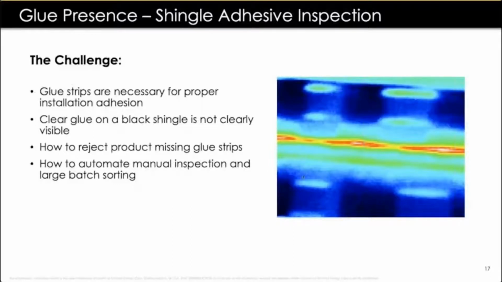So this is one of those situations where you want to look at not only presence, but also finding dynamic regions of interest. So using blob tool analysis, finding those edges and making sure that it's within a certain width, and basically traveling that.